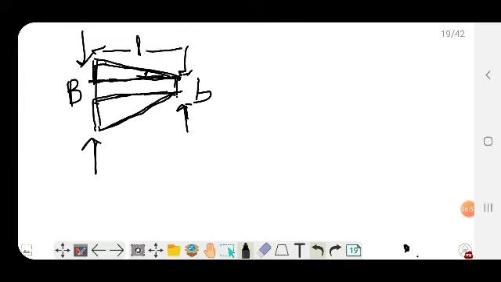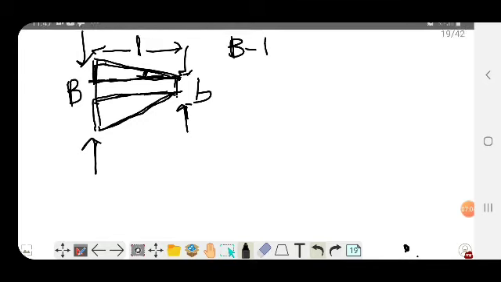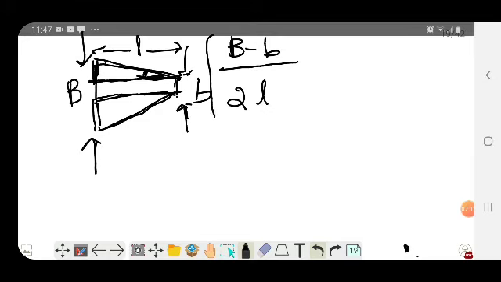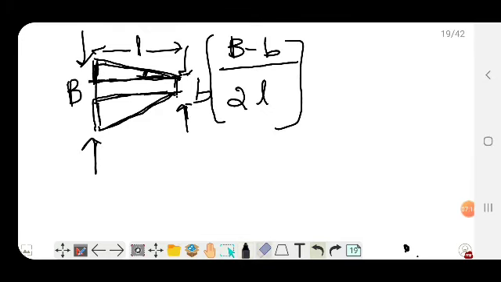Suppose the length of the bar to be L. Now the slope is given by B minus b over 2L.